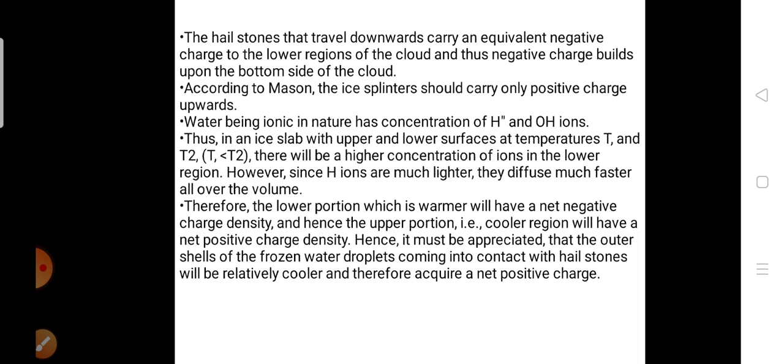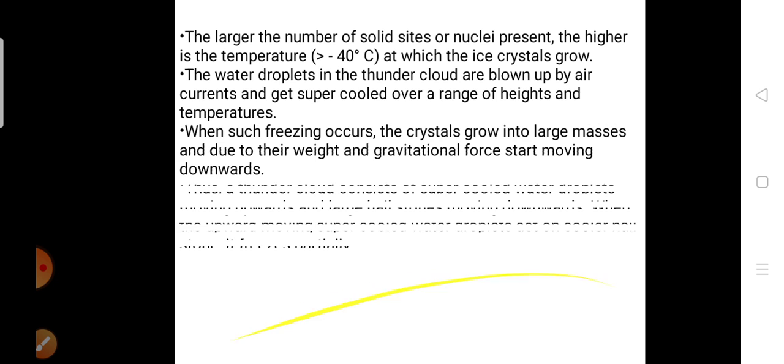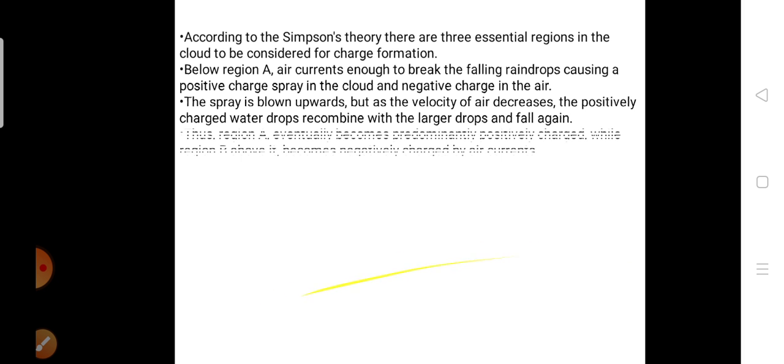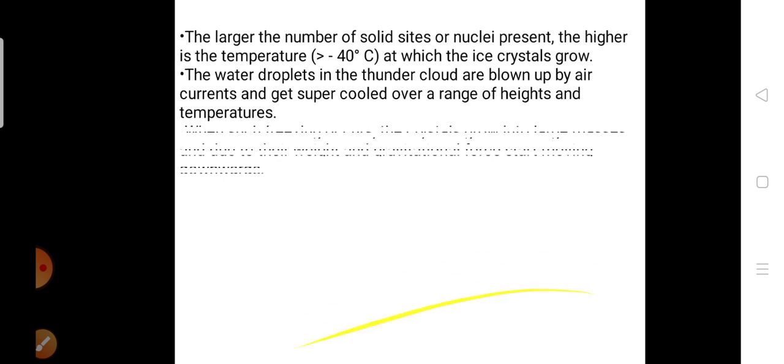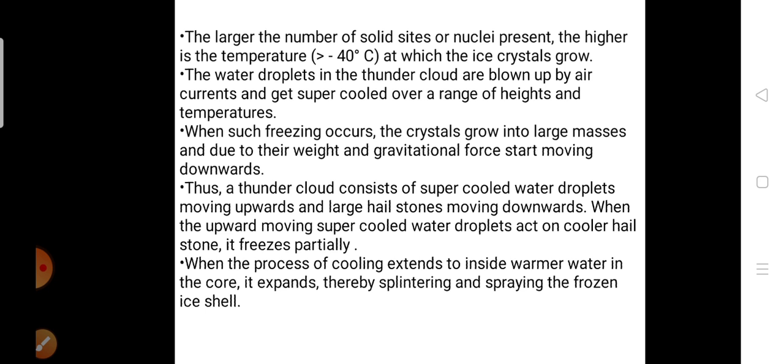Hence it must be appreciated here that the outer shells of the frozen water droplets coming into contact with the hailstones will be relatively cooler, and therefore they acquire a net positive charge.